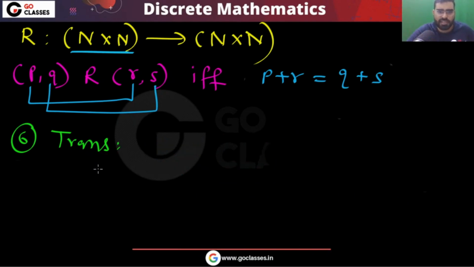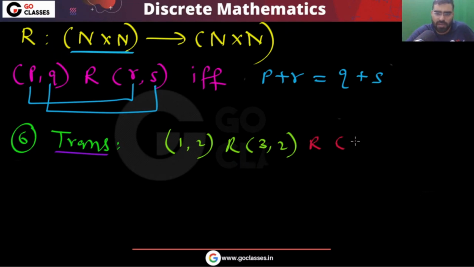Let's take a concrete example. Let me take, for example, 1 comma 2 is related to 3 comma 2, and you can notice 3 comma 2 is related to 4 comma 5.